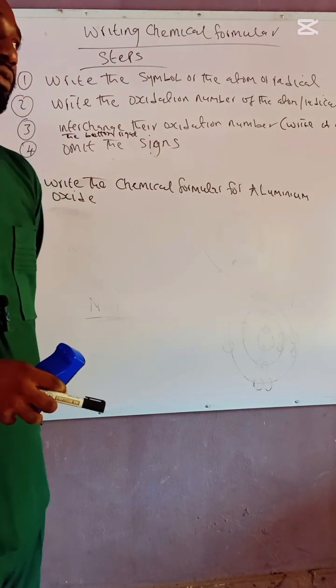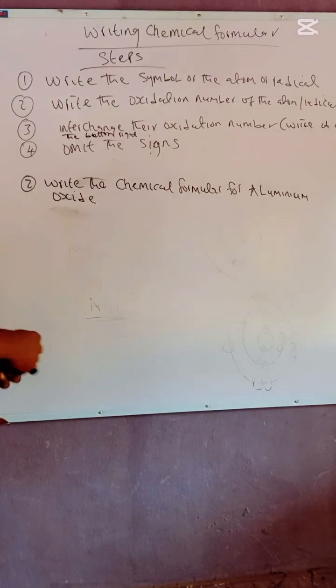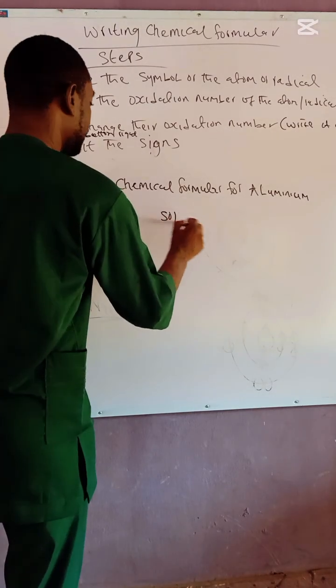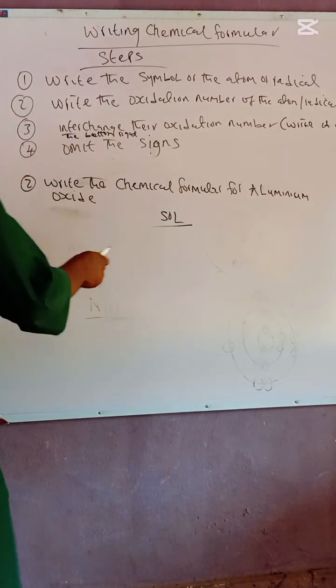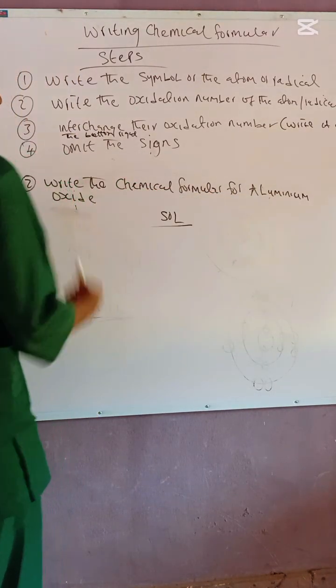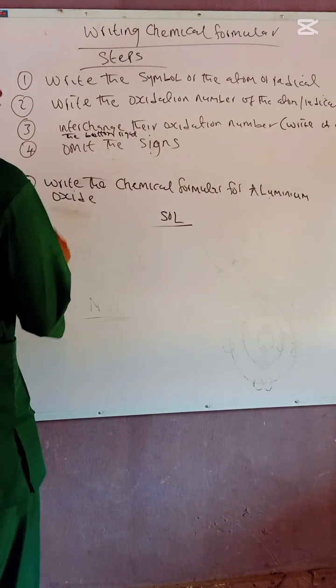E dey very simple, no fear. In fact, okay, just watch am. Solution. Write the symbol of the atom and radical. Yeah, this one na element, this one na element. Radical no dey there.